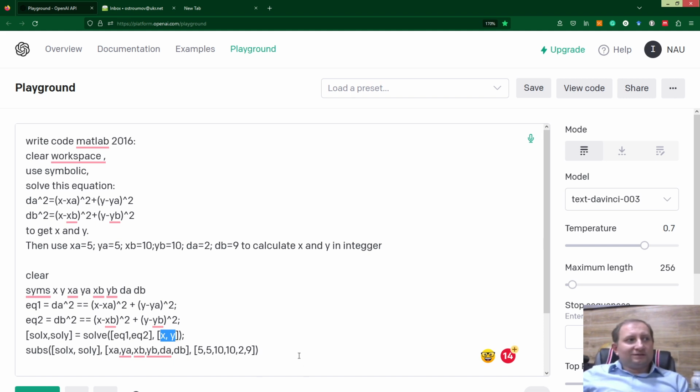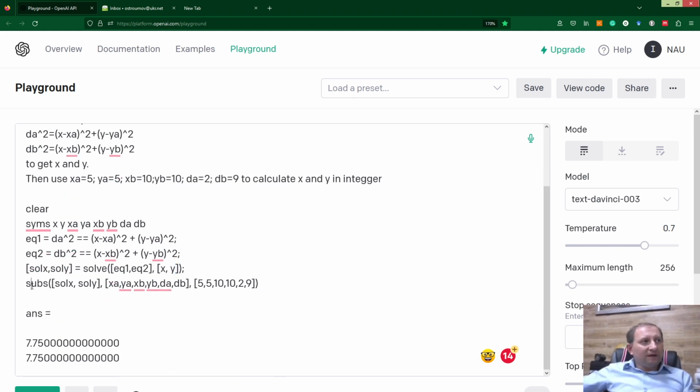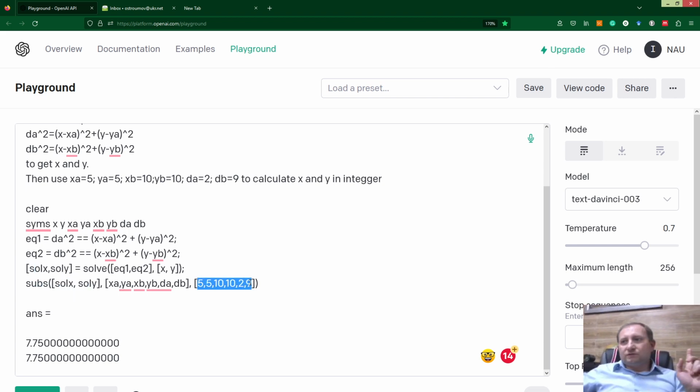And then just use the substitute function to put our variables into our solutions of x and y. This is great and exactly what we need. And pay attention that ChatGPT gives us an answer for my question.